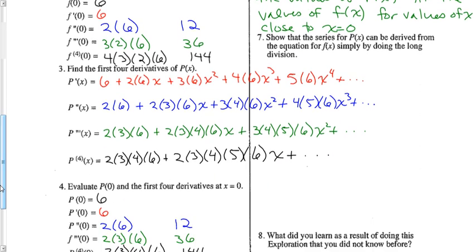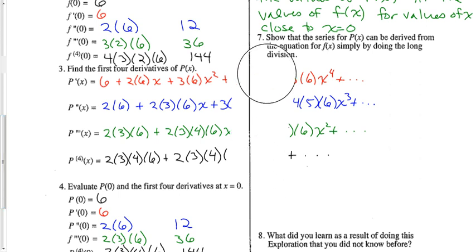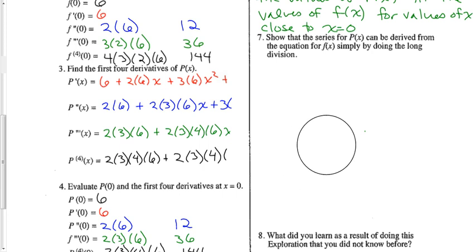Now for number 7, I'm going to erase what I have because I'm in my space. For number 7, we're going to find out that f and p are the same as long as we do the division. So f was 6 divided by 1 minus x, and we're going to do division.